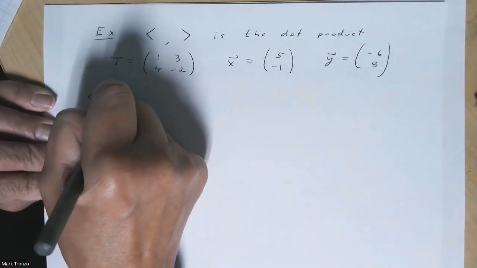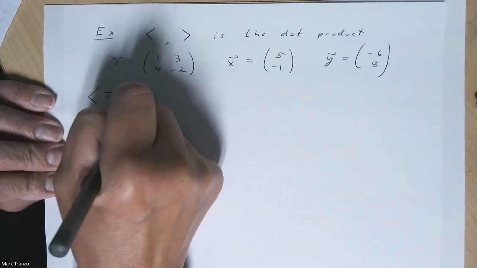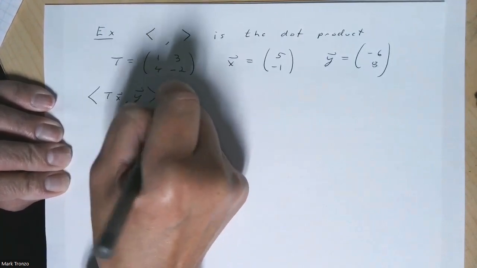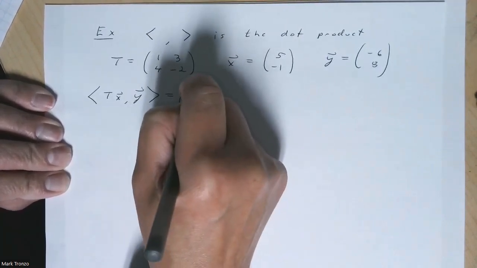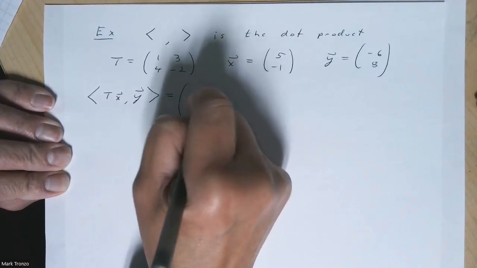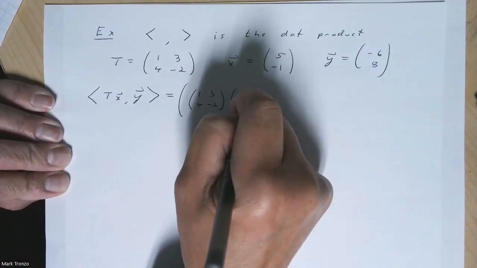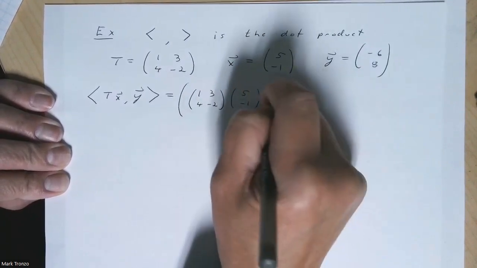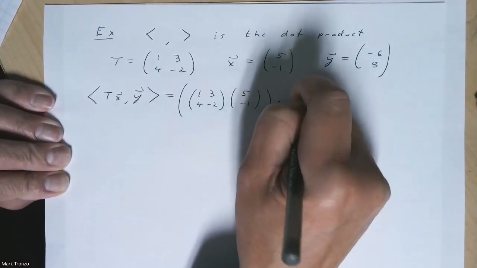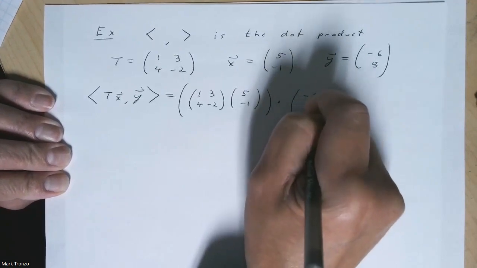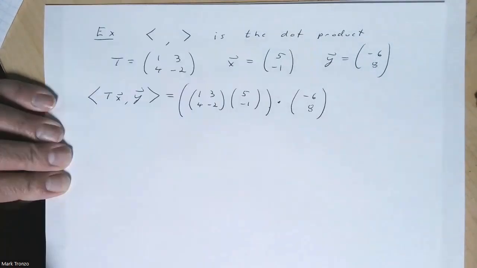Then if we take the inner product of T(x) and y, that's defined as this.